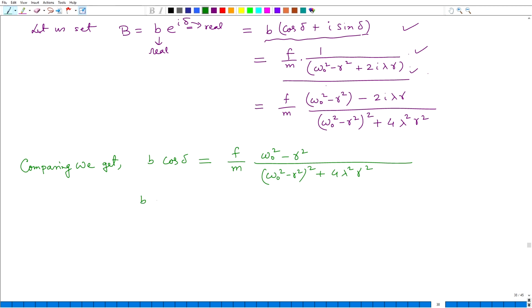And I can write b sin δ will be equal to f/m, which will now be with a minus sign, of course, let me just check, yes, it will come with a minus sign, −2λγ divided by the whole thing (ω0² − γ²)² + 4λ²γ².